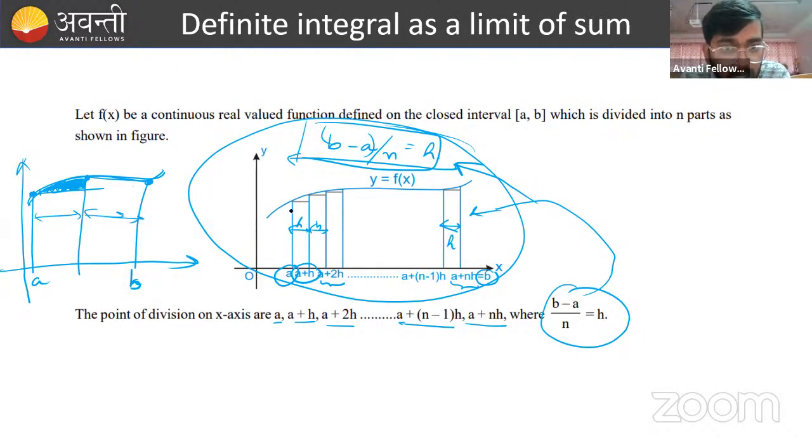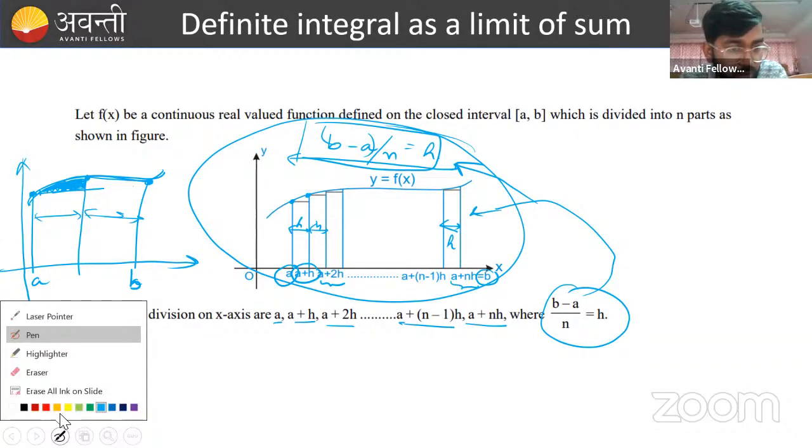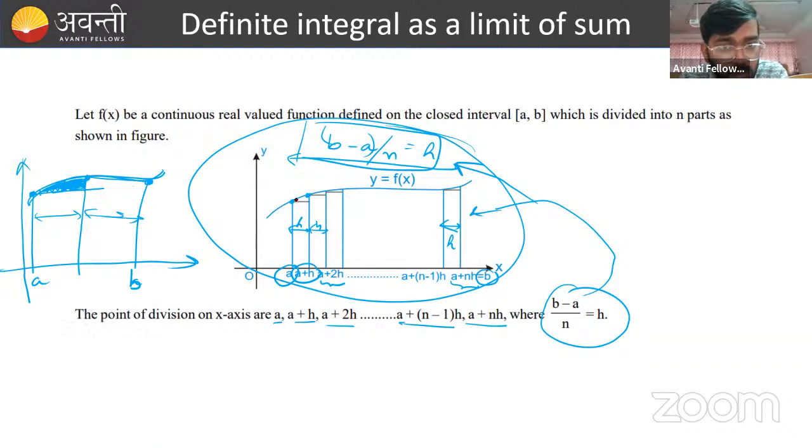If we know the functional value at these points, here I'm marking it with red ink, these 2 points, 3 points, fourth point, and so on up to this point, then we know the height of the rectangle as well.